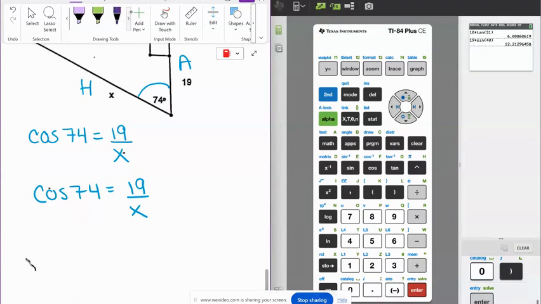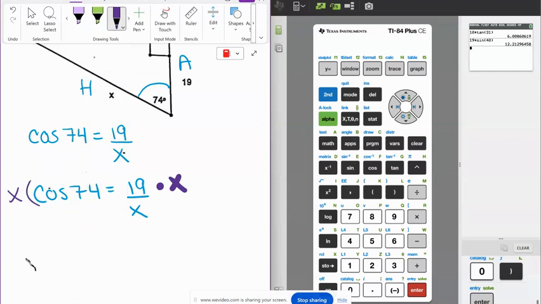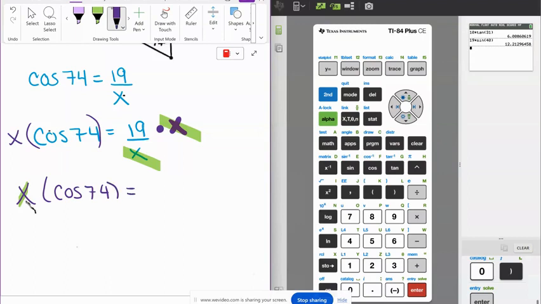I'm going to multiply by x on both sides. And when I do that, the x's on the right side cancel. And then my x now gets placed on the left side. So I get x times the cosine of 74 is equal to 19.